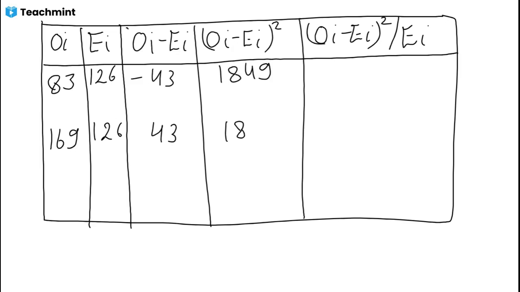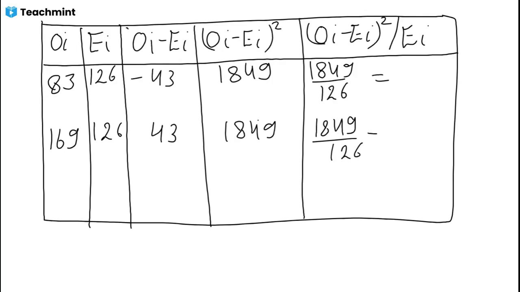Similarly we get it here, and 1849 divided by 126 gives 14.67, and here also 14.67.